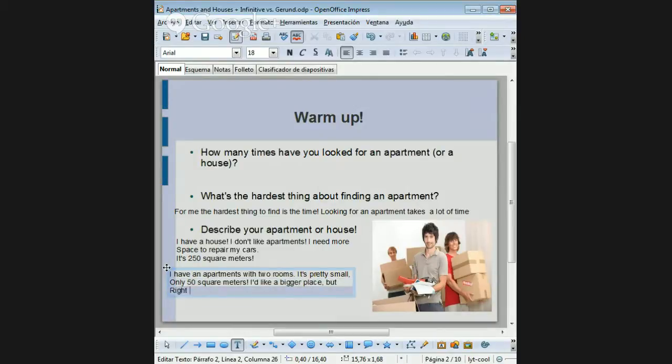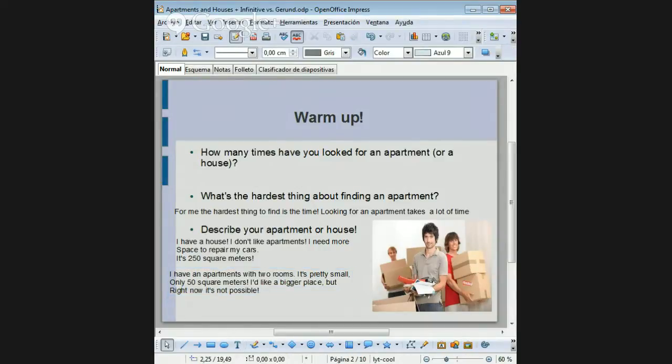Okay, but right now it's not possible. Good. Can you repeat those sentences that I wrote down? I have an apartment with 2 rooms. It's pretty small, only 50 square meters. I'd like a bigger place, but right now it's not possible.